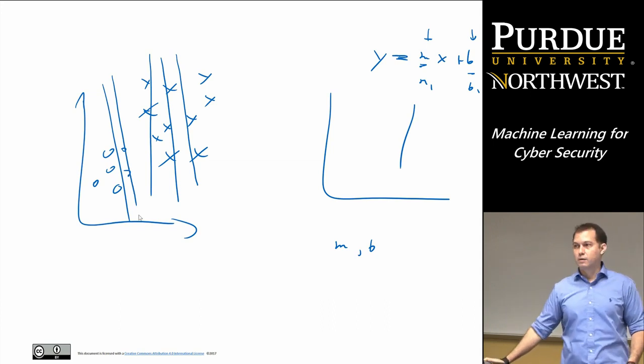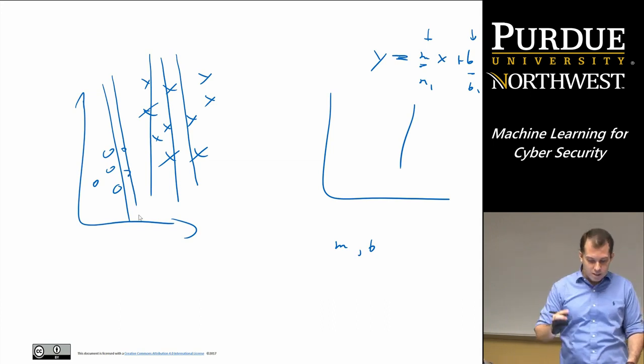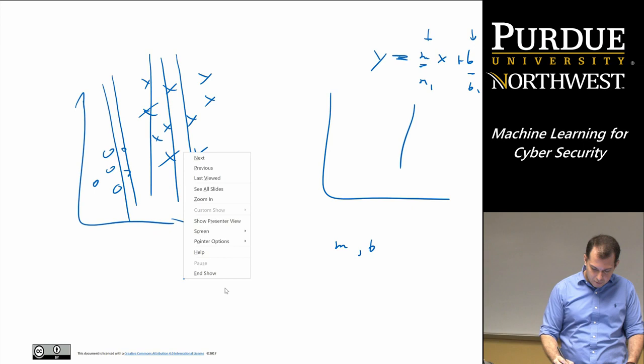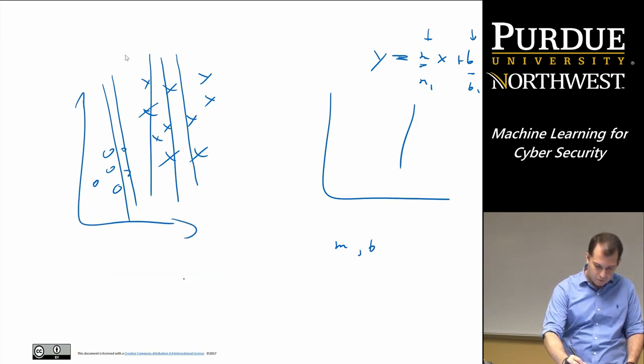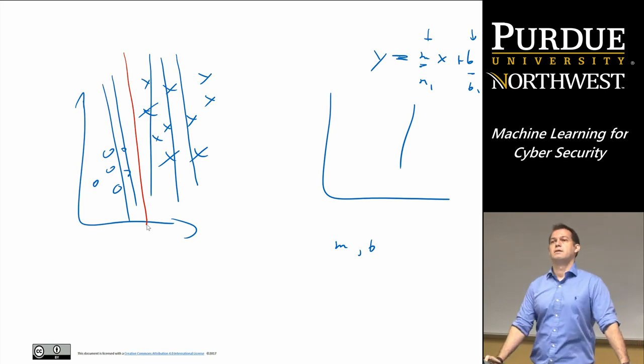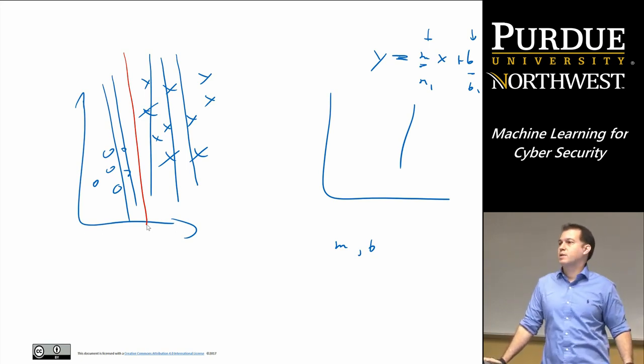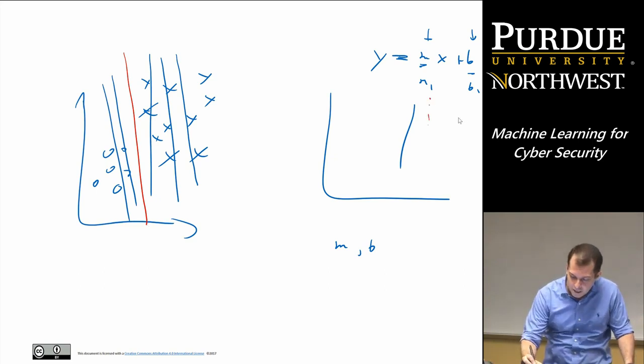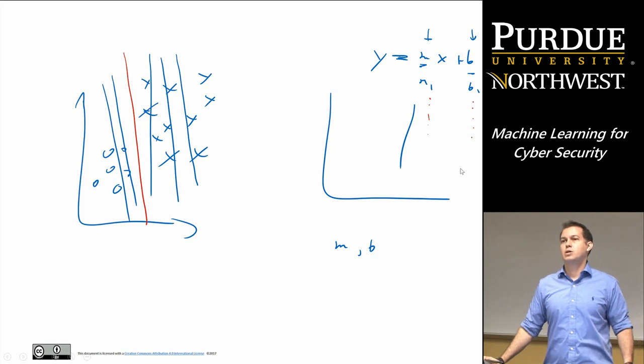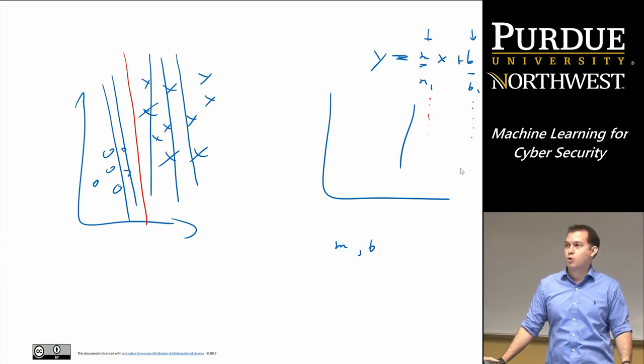What about that one? Better, right? Until that one. You see that? That's the best one, well, you can't even say the best one, but the most optimal. So after a whole bunch of M1s and B1s, you actually arrive at the optimal set of M1, B1 that create the best line that separates the data.